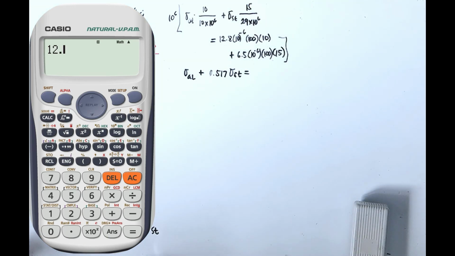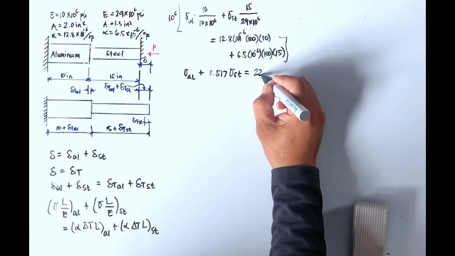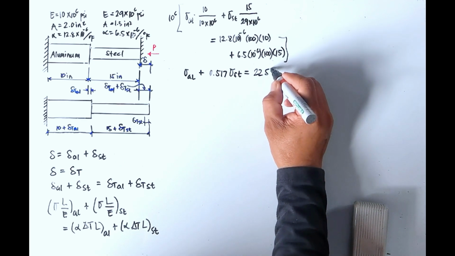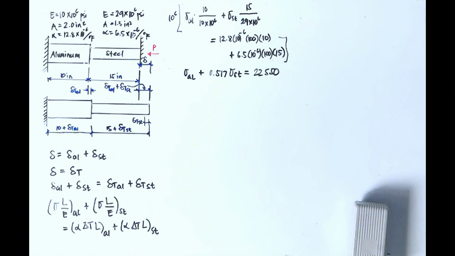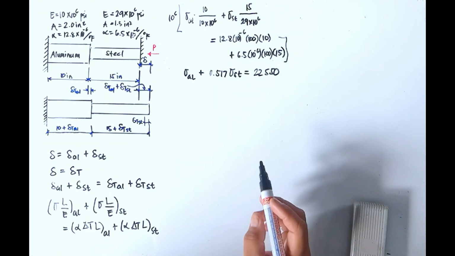The right side is 12.8 times 100 times 10 plus 6.5 times 100 times 15 equals 22,550. Okay, this will be our first equation.